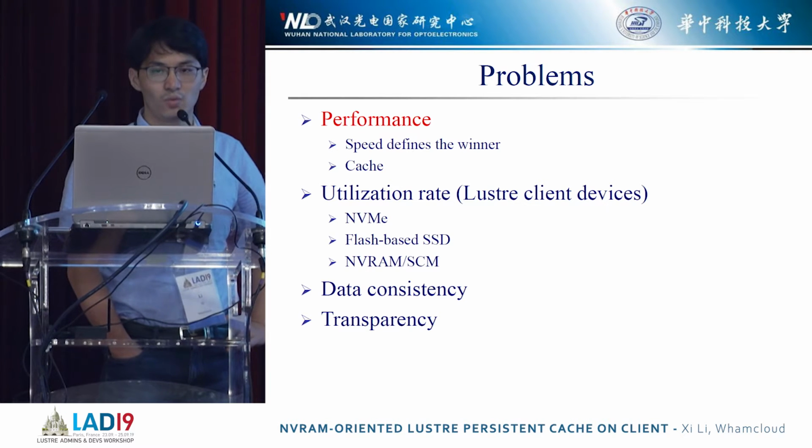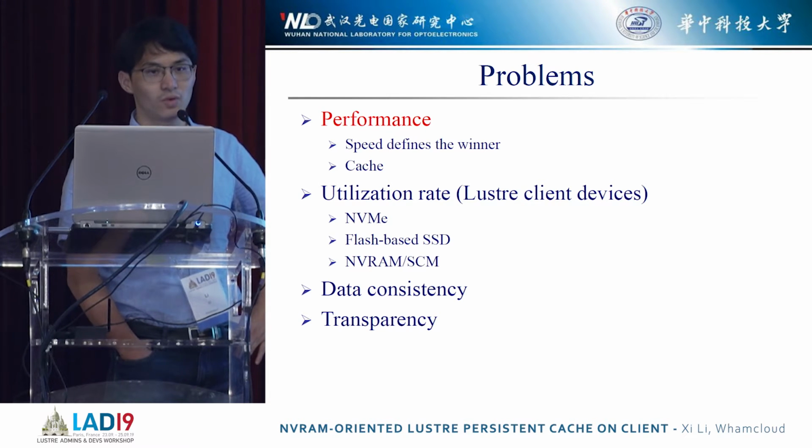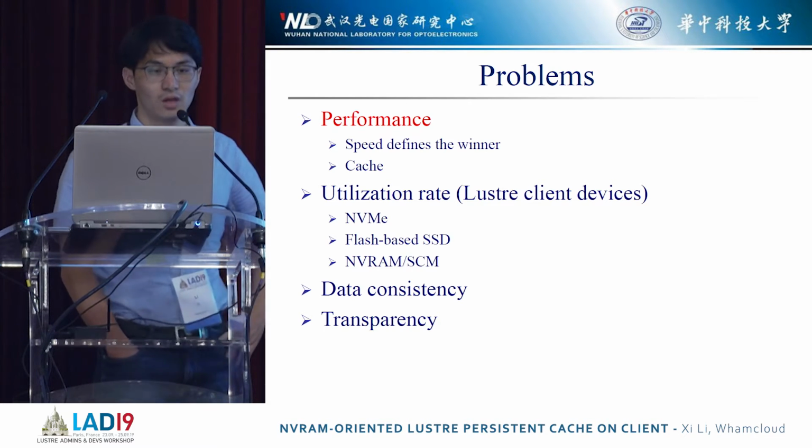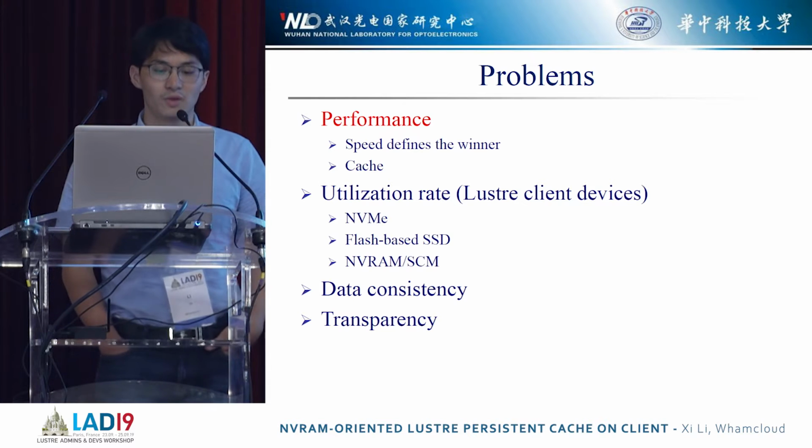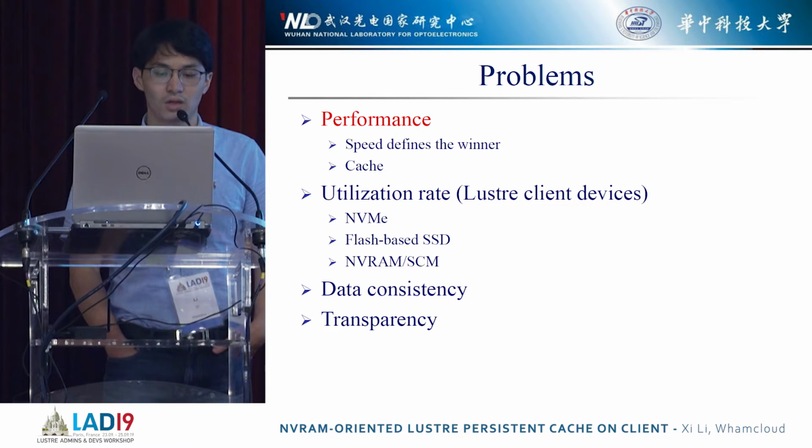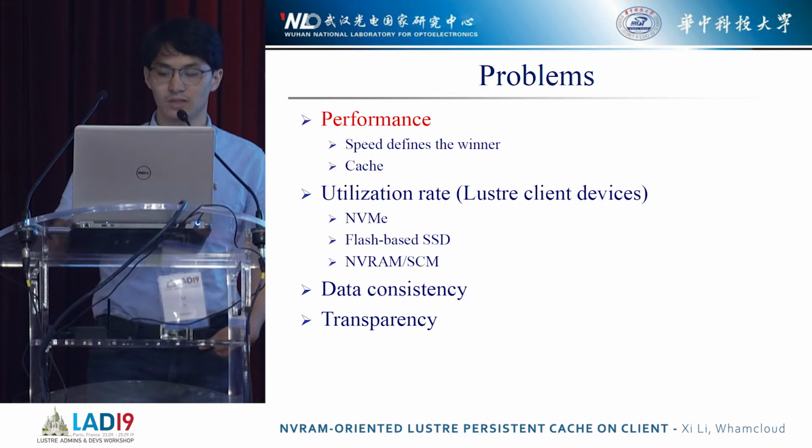So it is very important to keep the data consistent and keep the interface simple. We want to make sure that the feature is as transparent as possible to the applications, so it would be much simpler for the applications to use these new features.